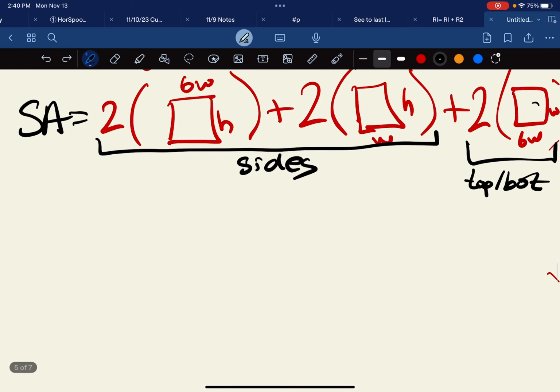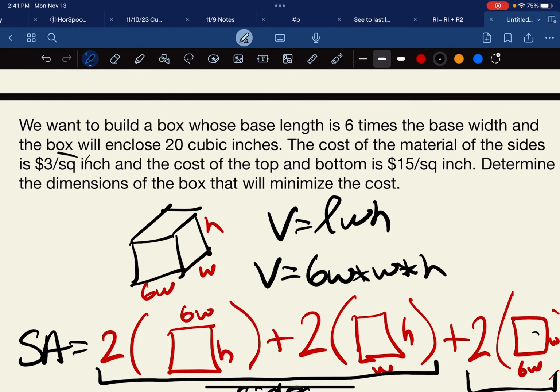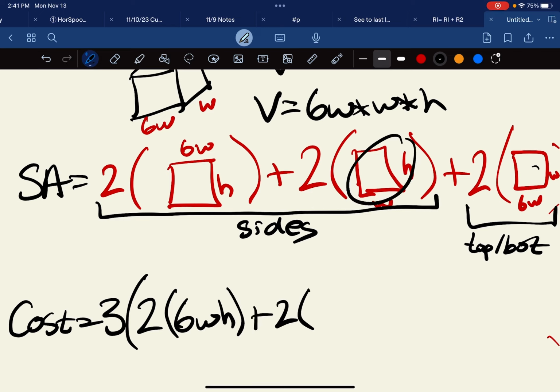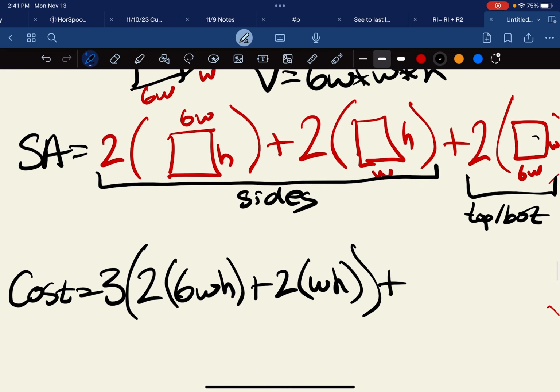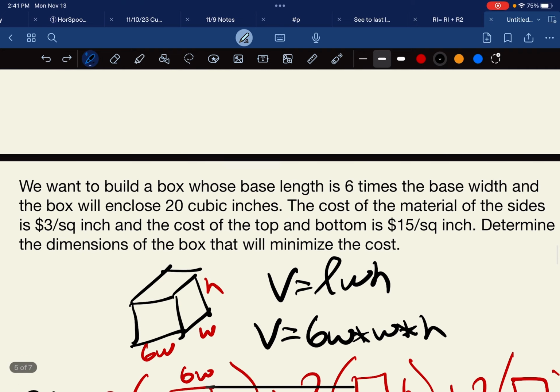So the cost is going to be an adapted formula of the surface area. The sides are $3 per square inch. So it's going to be 3 times 2 times the area of this, 6W times H, plus 2 times the area of this, W times H. And then for the cost of the top and the bottom, what was it, $15 per square inch?